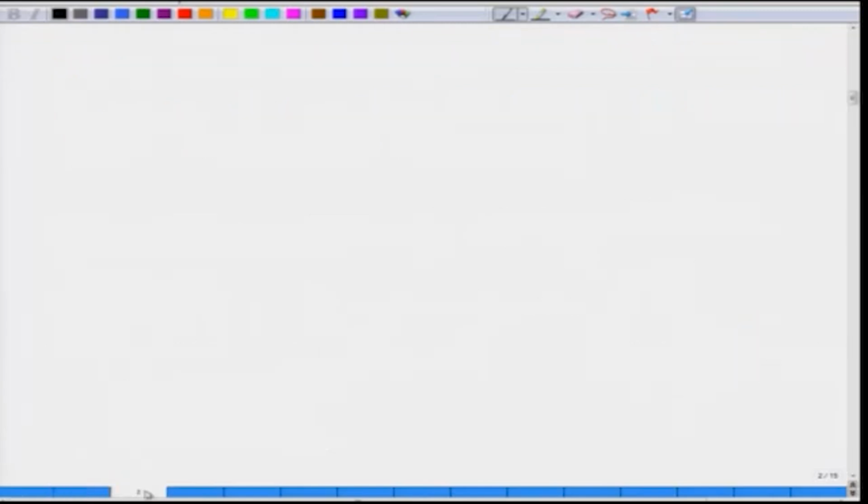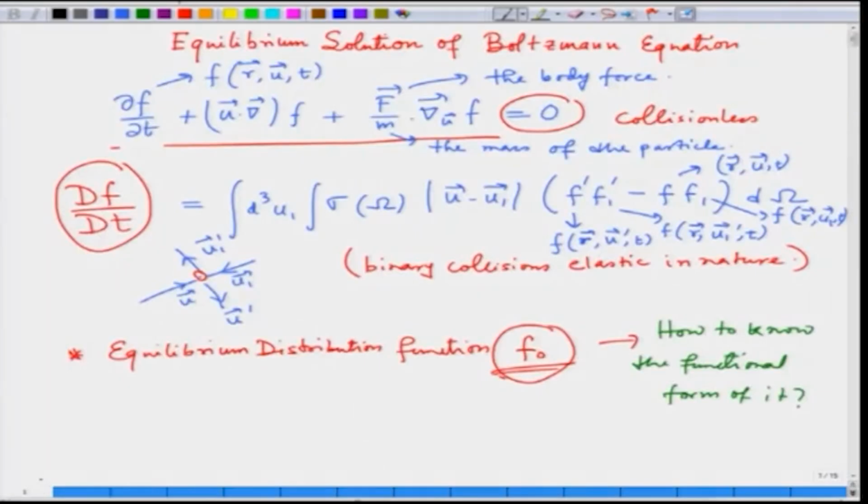Okay. Now, if you see the left hand side of the whole collisional Boltzmann equation, this term is vanishing, this term is vanishing because the gradient of f is 0, and what about this term, is this also vanishing?